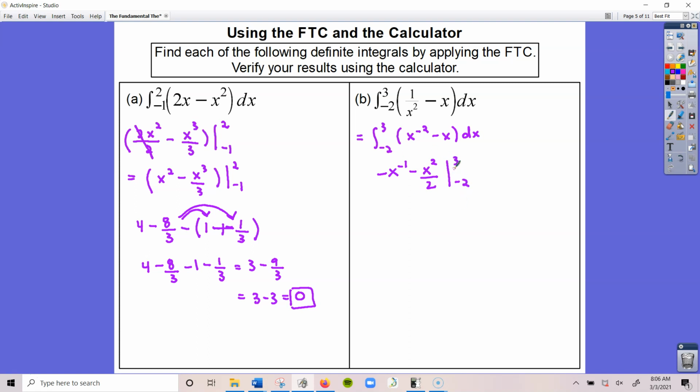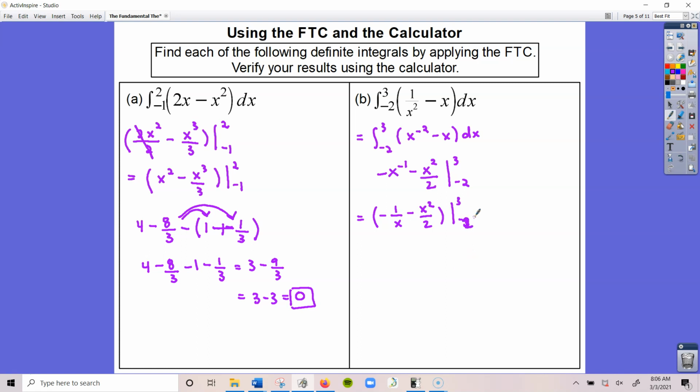Again, I want to rewrite this so it's easier to find that value. So this is -1 over x minus x squared over 2. And now we're ready to plug in our limits of integration.